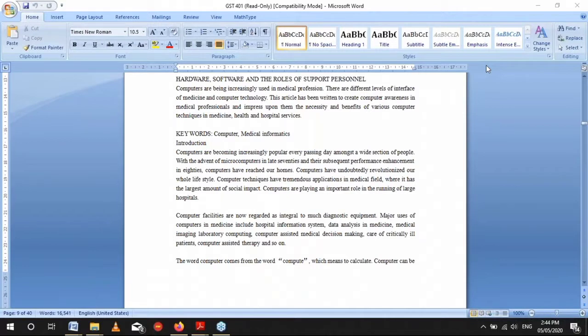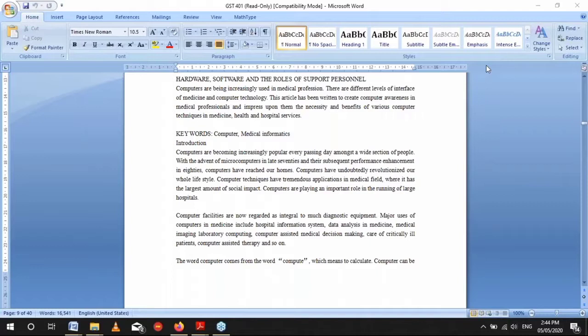We need to know what computer means. So, let me give you a definition of computer before we go ahead. Computer can be defined as an electronic device that is designed to automatically accept data, store, and process, then producing output results.